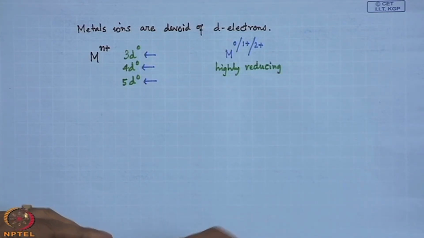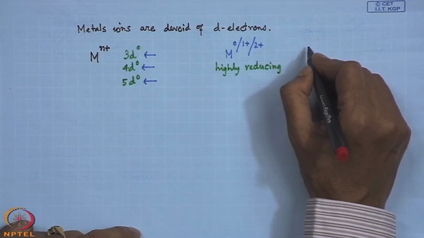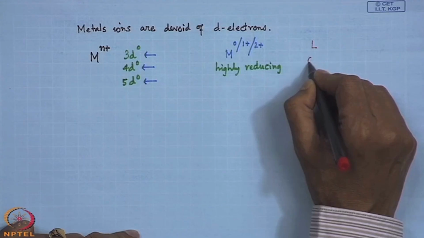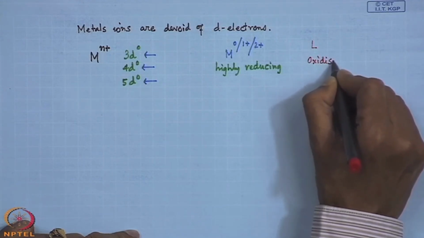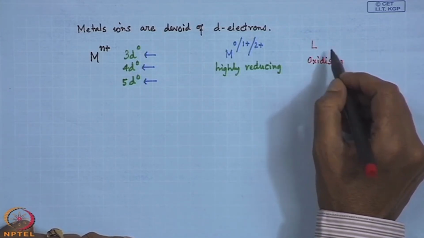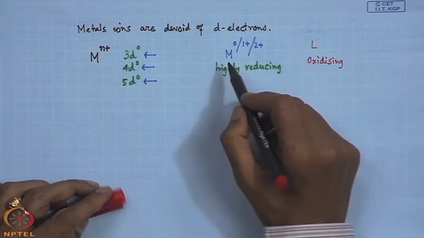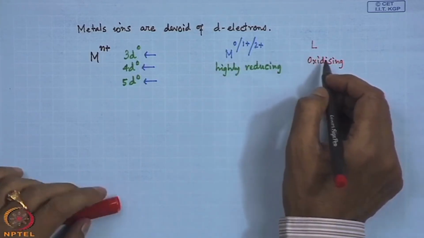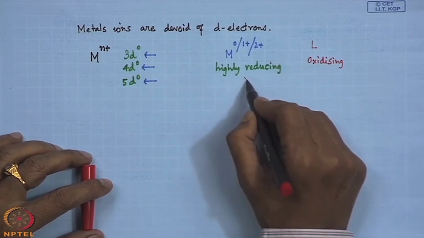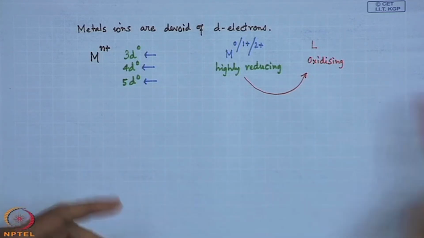that means they are of different character compared to the previous case, and the ligand attached to them can be of oxidizing nature, that means it has some vacant orbital which can accept electron density from the metal center, and as a result the charge transfer can take place in the opposite direction.